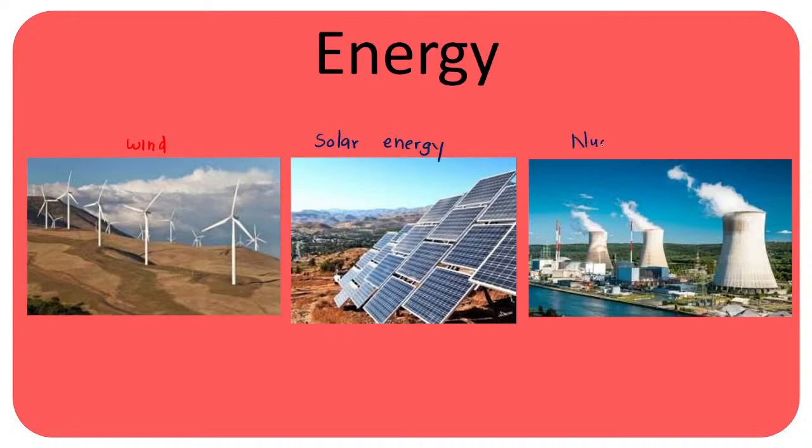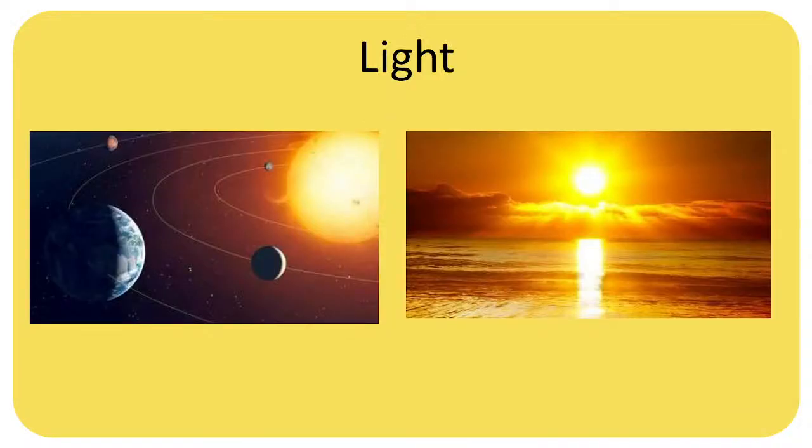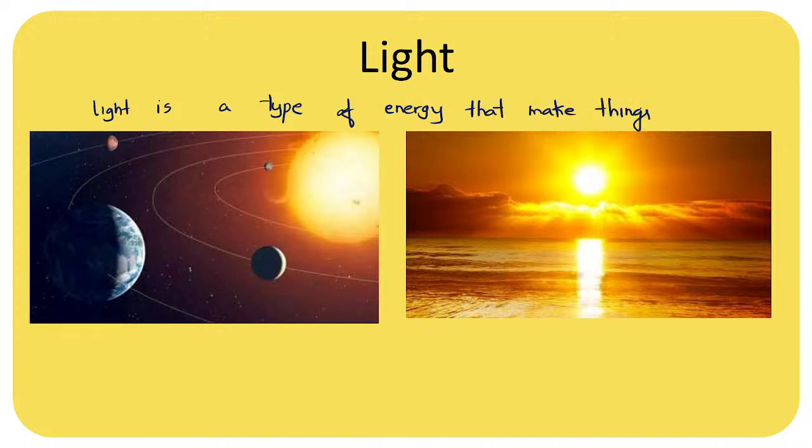So nuclear energy, thermal energy, different types of energies are there in your surrounding, and we make use of these energies. So light is also a type of energy. It is one form of energy that makes things visible.